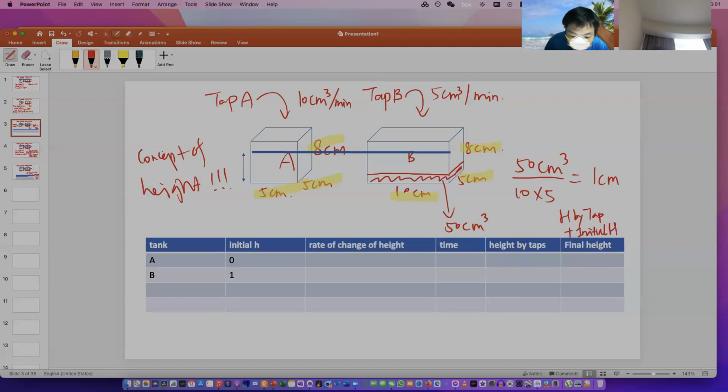So the rate of change of height for A, how do you get that? How do you get the rate of change of height by tab A?